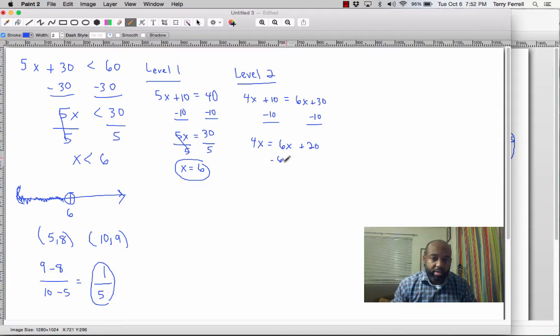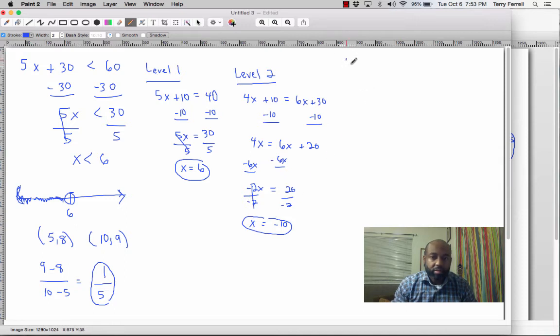Subtract 6x on both sides. That'll be negative 2x equals 20. Divide by negative 2. And remember, if it looks like I'm going too fast, hit the pause button. So x is equal to negative 10. That's level 2.